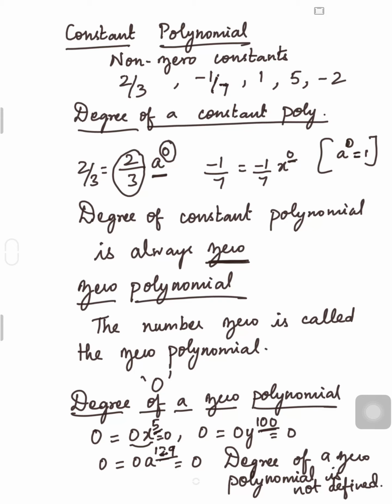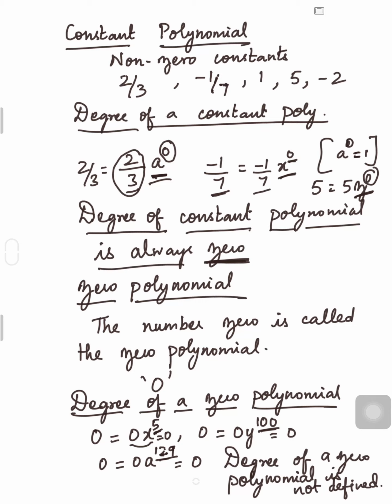But when it comes to constant polynomial, every constant can be written as into any variable power 0. Here I wrote 2 by 3 as 2 by 3 into a power 0. Here I wrote minus 1 by 7 as minus 1 by 7 into x power 0. Similarly 5 can be written as 5 into z power 0. So anyway here the degree of the polynomial is always 0. So I can say degree of a constant polynomial is always 0.